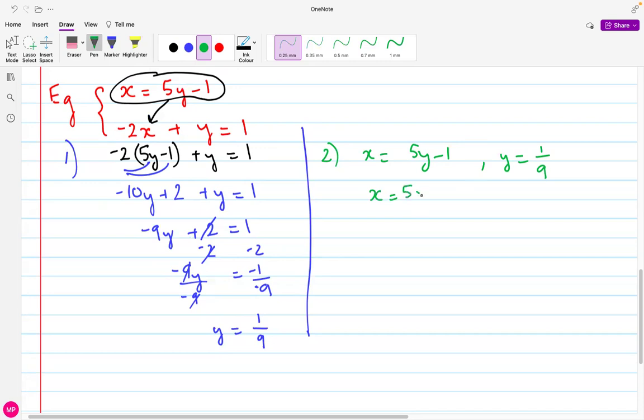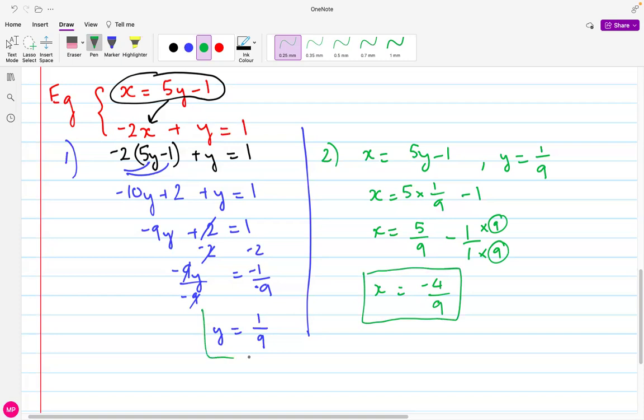So 5 times 1 over 9 minus 1. 5 times 1 over 9 is 5 over 9 minus 1. 1 is 1 over 1. So make the same denominator. We times by 9 on both sides. 5 minus 9 is negative 4. So negative 4 over 9. So we have, this is the x coordinate and this is the y coordinate. So we got x and y.